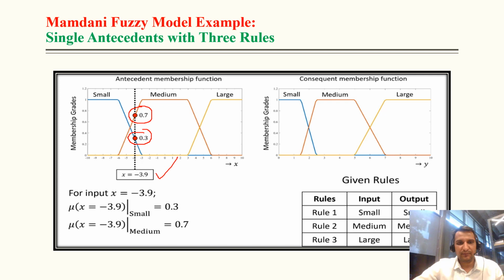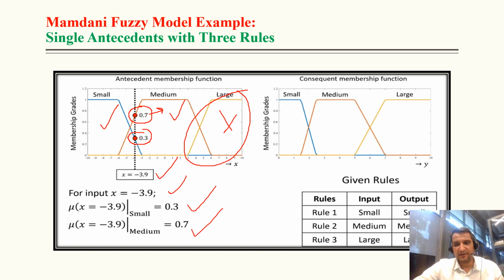So 0.3 and 0.7 are the degrees of compatibility. 0.3 will be for small, and 0.7 for medium. But this input is not engaged with the large section, so that is not applicable, right? So for this input the degree of compatibility for small is 0.3, and for medium it is 0.7.